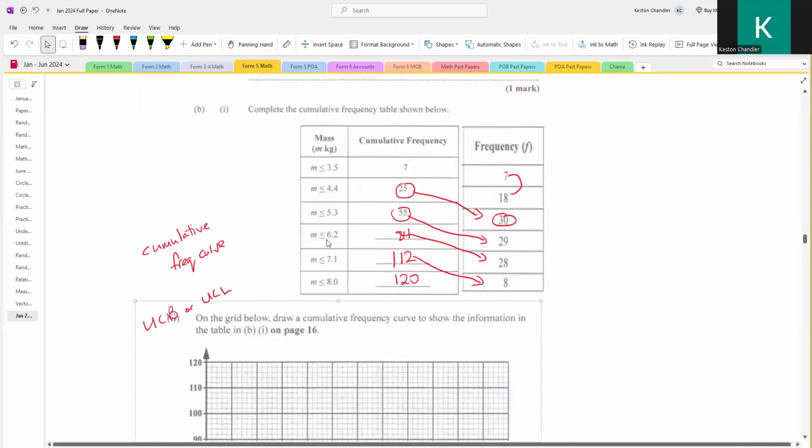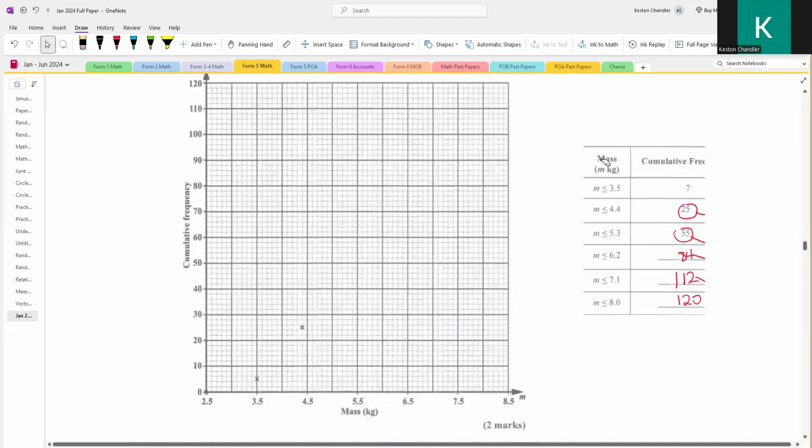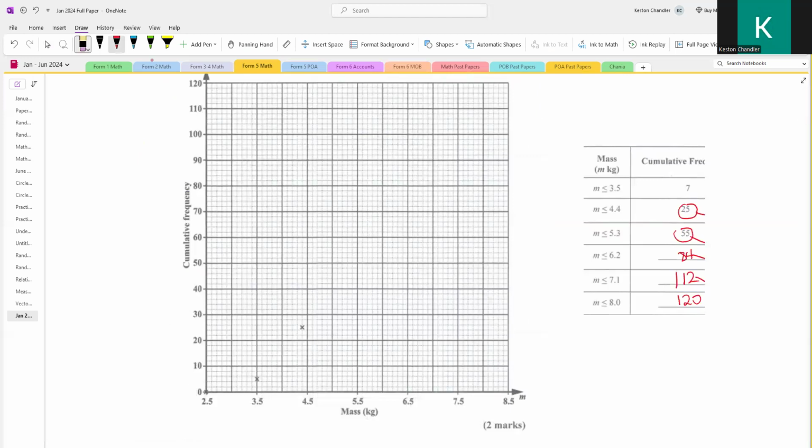Let us take this little piece here, and we put it down by the chart so we can easily see for the rest of our points. So 3.5 and 7. Then we did 4.4 and 25.